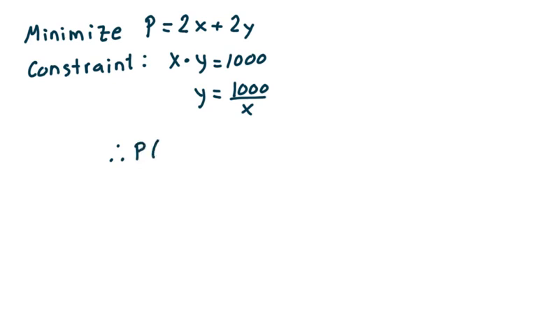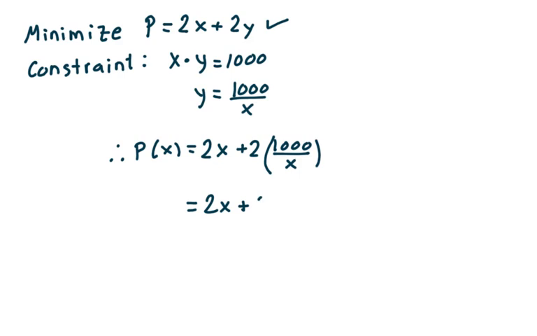Therefore, P of x, right? So I'm going to take what I'm trying to minimize and condense it to a function of one variable. So this is 2x plus 2 times 1,000 over x, which is equal to 2x plus 2,000 x to the negative 1.